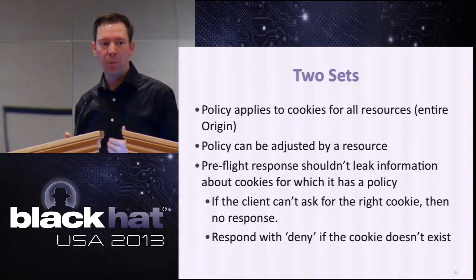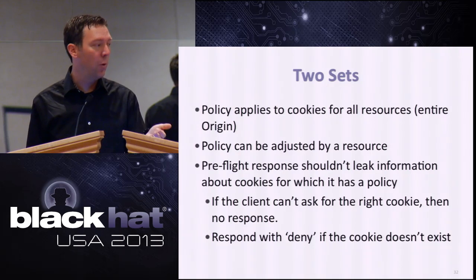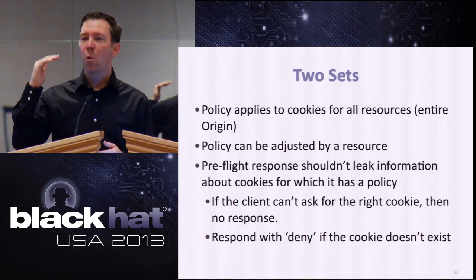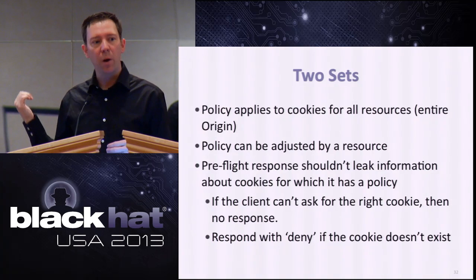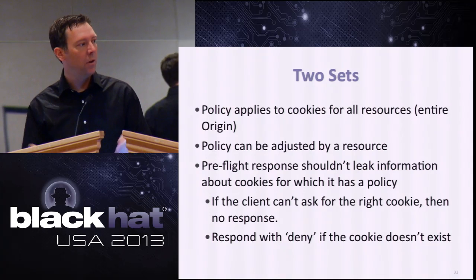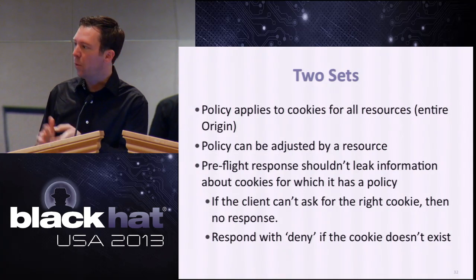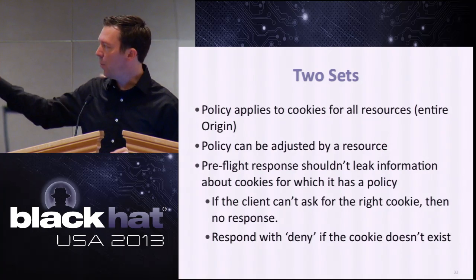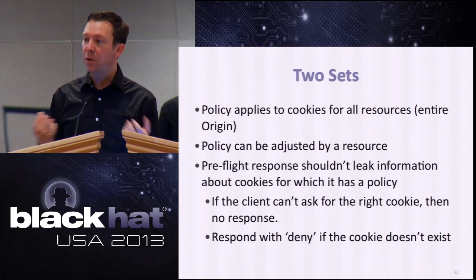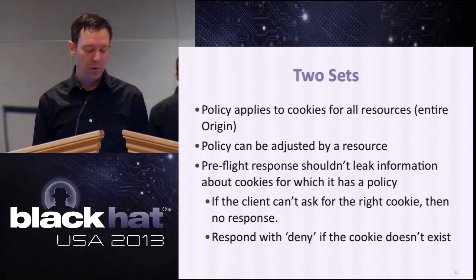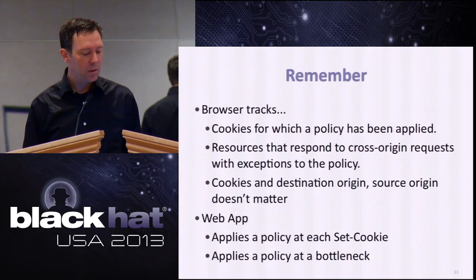In other words, you shouldn't be able to use a pre-flight response or requests to enumerate what all of the cookies are for a web application. Or perhaps this would be another way to enumerate hidden directories, or figure out what are the special directories and what are the unprotected directories. So we put that in there as an afterthought, in terms of once again being able to abuse a browser or abuse new types of policies.